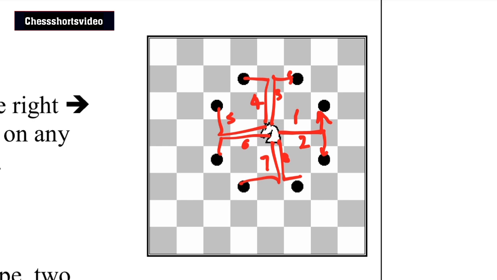And I think the most dangerous piece, since the queen can move anywhere, but if you have a knight and you know how to use it, it has many opportunities to capture your opponent's pieces. I'll give you one example.